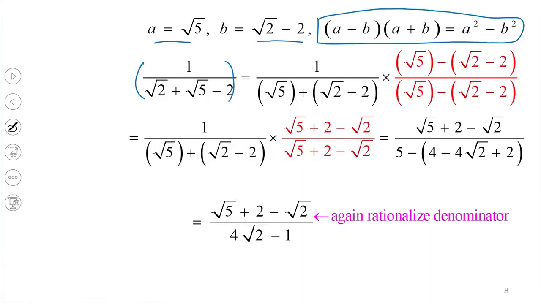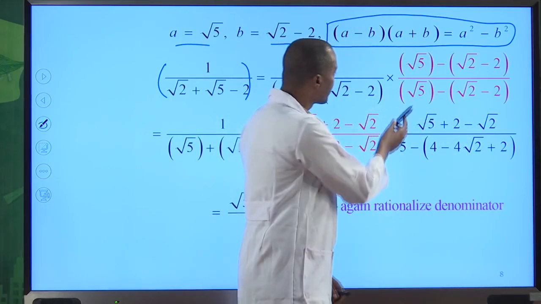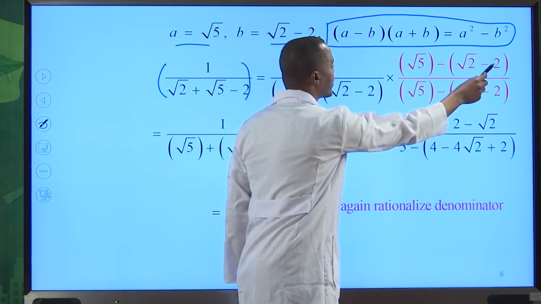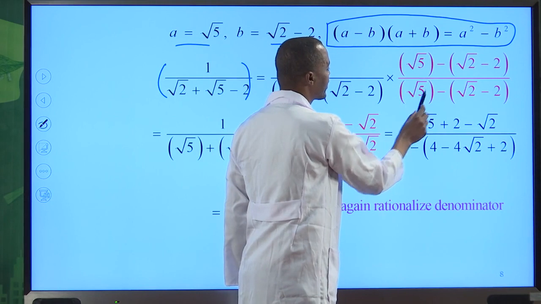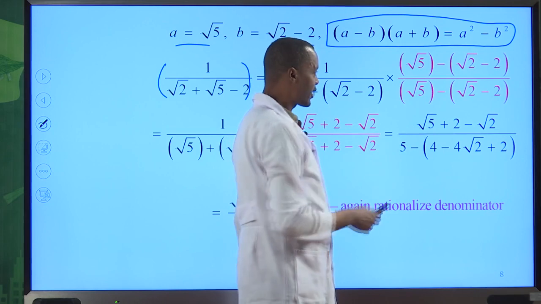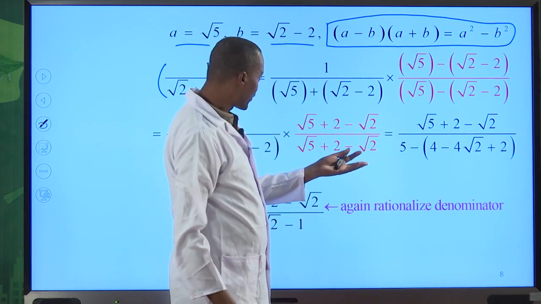What I have to do is multiply by the conjugate of my rational expressions. As you can see here, for example, if I multiply by root 5 minus root 2 minus 2 over root 5 minus root 2 minus 2, the numerator and the denominator are the same thing, so they cancel each other out to become equal to 1.